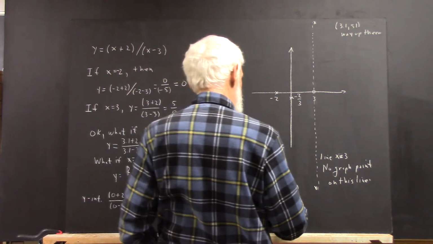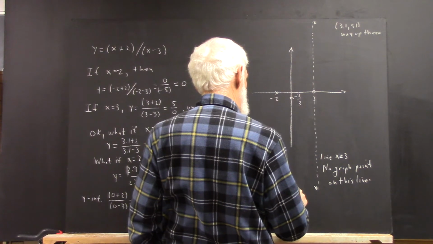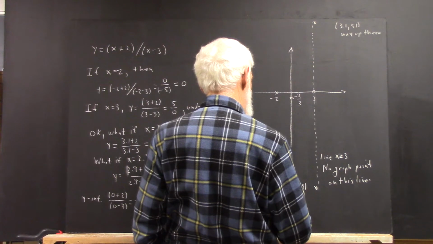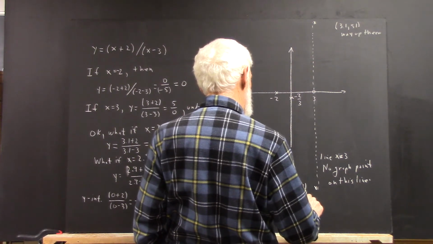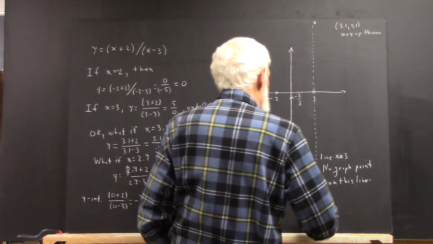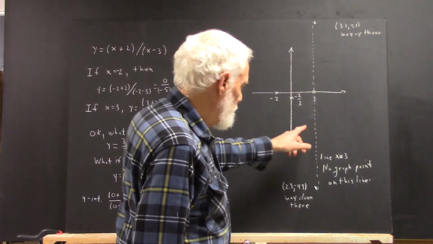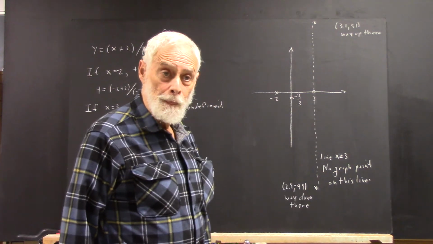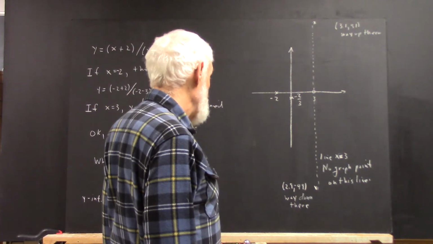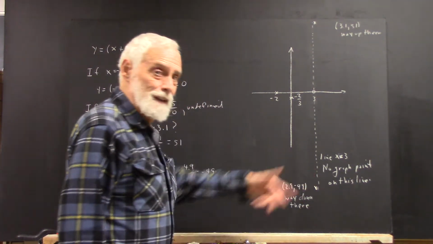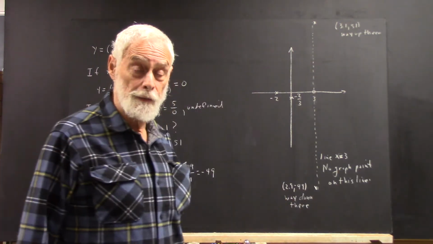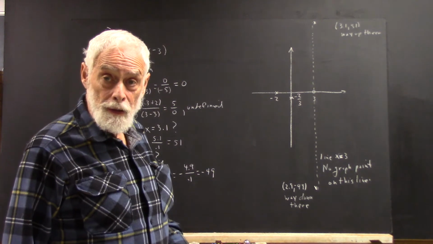And at 2.9, negative 49 is way down there, much lower than we got it down through the floor. Actually, maybe about at the floor. You get the idea. Okay? So it's much lower than I've drawn it. That's much higher than I've drawn it, but it's still going to allow us to do what we need to do.